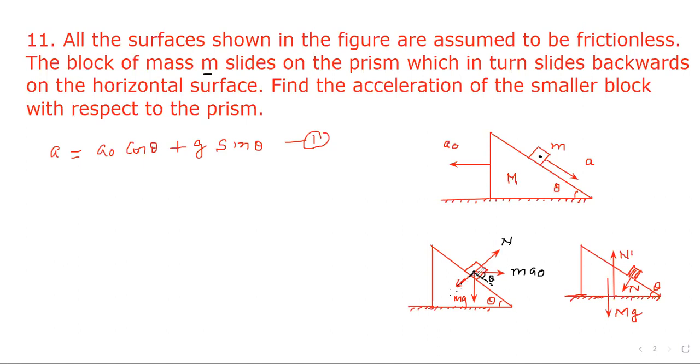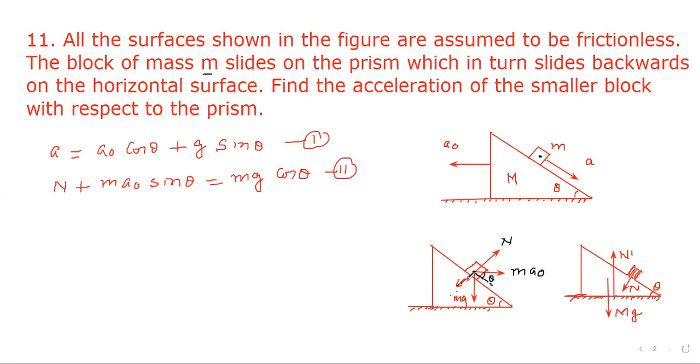So in this direction, there is no motion, so both the forces will be equal. So we can say N plus ma0 sine theta must be equal to mg cos theta. This is equation number 2.